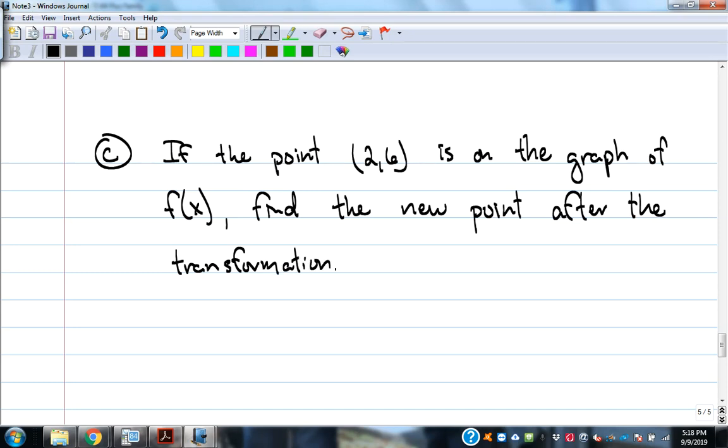So we're starting with 2, 6. We're going to have a transformation that happens. We need to find the new ordered pair. Okay. So y equals -3 f of x minus 1.